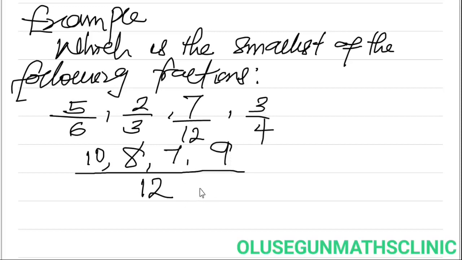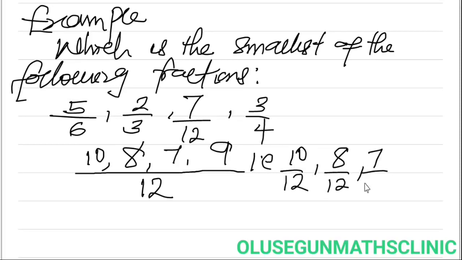This is how you rearrange it: you can see you have 10 over 12, 8 over 12, 7 over 12, and 9 over 12.